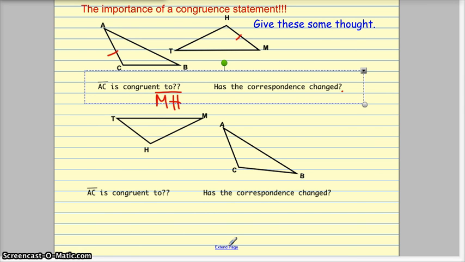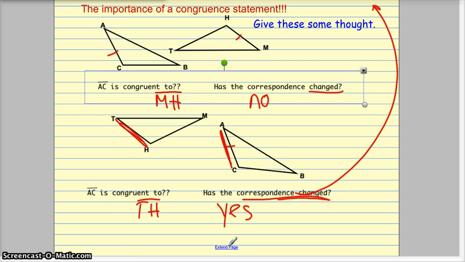So has the correspondence changed from the previous slide? No, it hasn't. But go ahead and look down here. AC is congruent to, well, AC is over here. It looks to me, visually, like it might be congruent to TH. So the purpose of the congruent statement, has it changed from the previous slide?